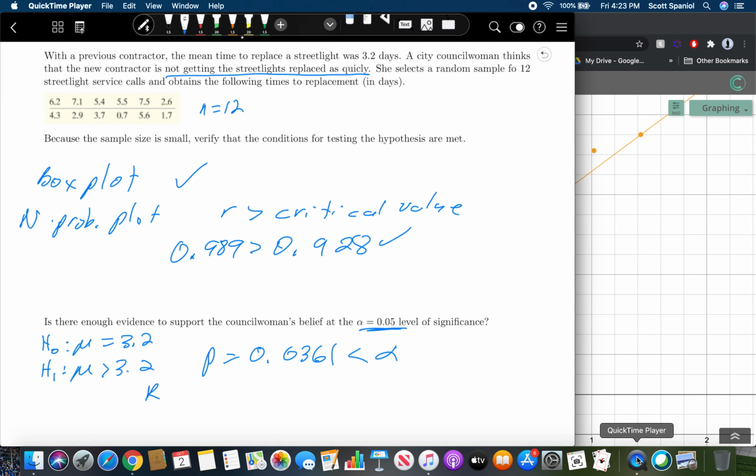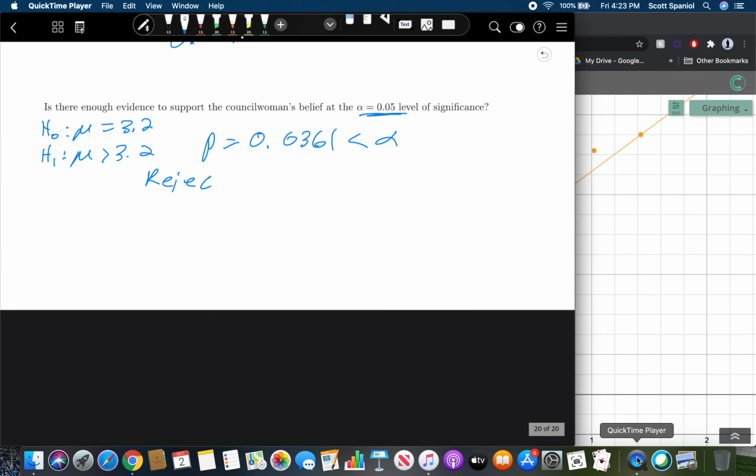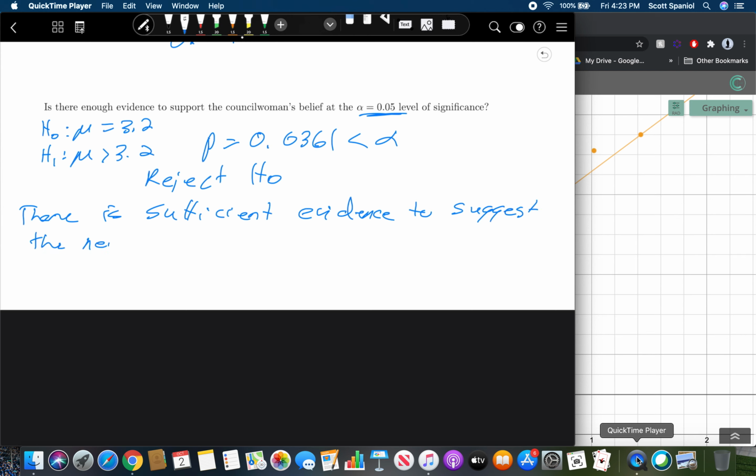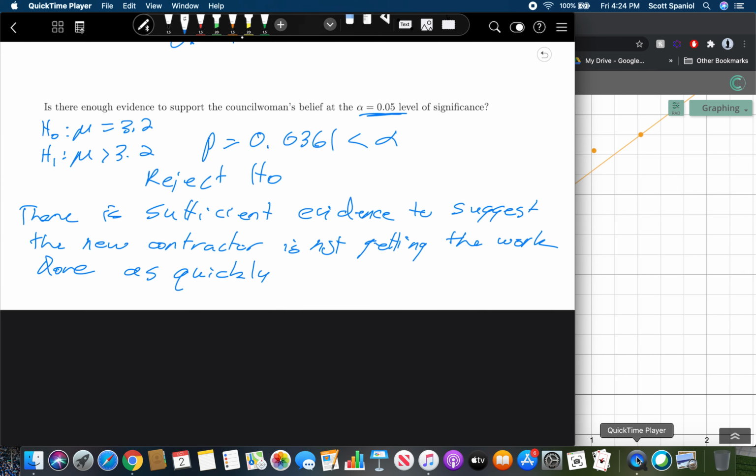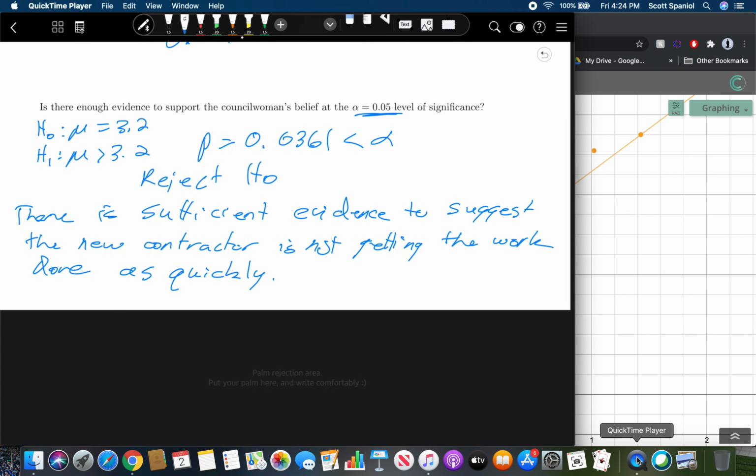So we would reject H naught and say there is sufficient evidence to suggest the new contractor is not getting the work done as quickly. Okay.